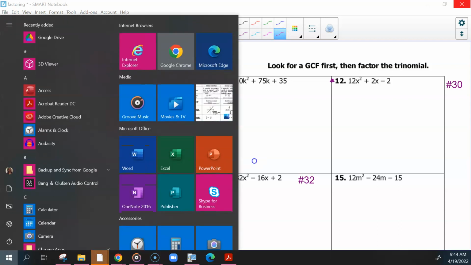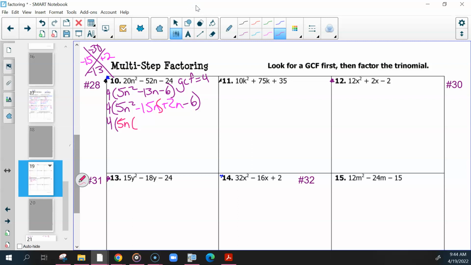If we divide out 5n, what's left? N minus 3. And then the GCF of the second two. 2. And if we divide that out, what's left? N minus 3.